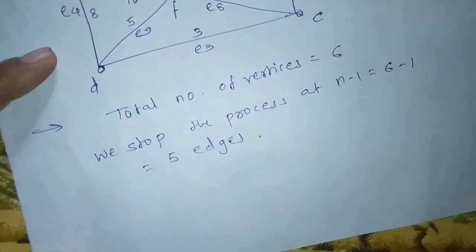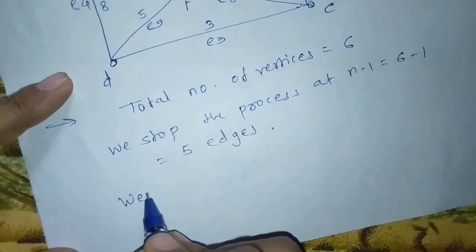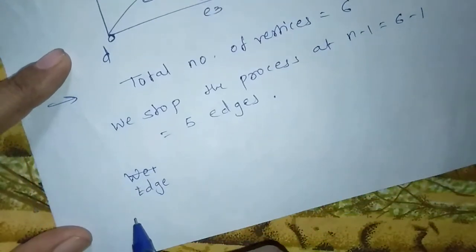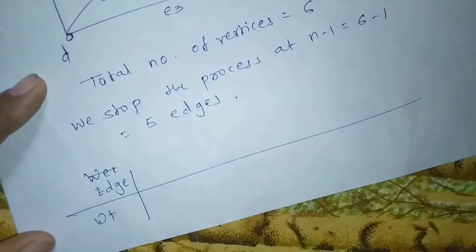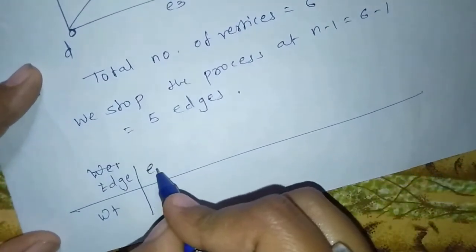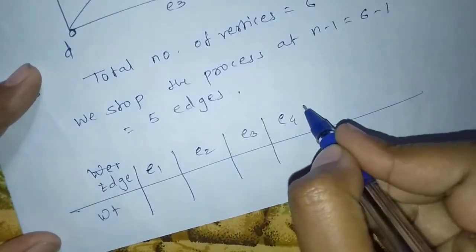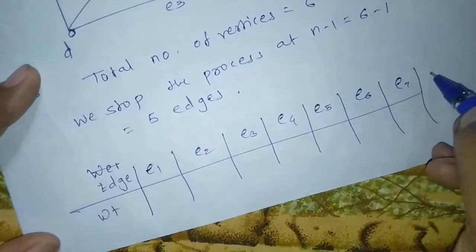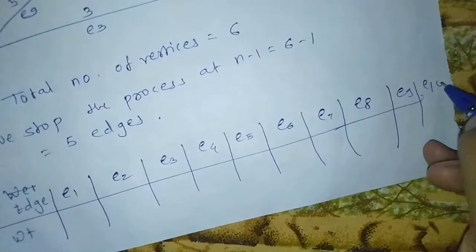Now collect all edges with weight. Here, first of all edge and then weight. There are 10 number of edges: E1, E2, E3, E4, E5, E6, E7, E8, E9 and E10.